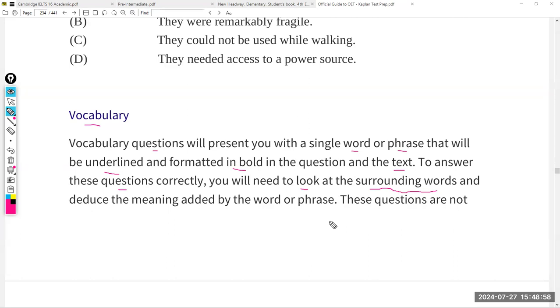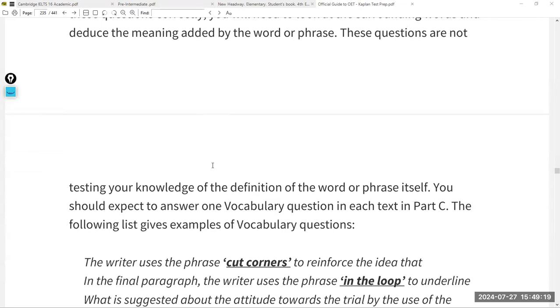Absolutely, this is really important just to be able to select the correct meaning of this vocab. So I have to take a look at the surrounding words and deduce the meaning added by the word or maybe by the phrase.